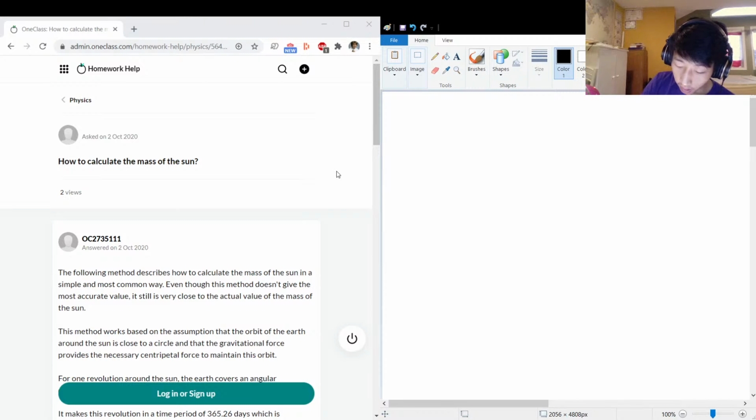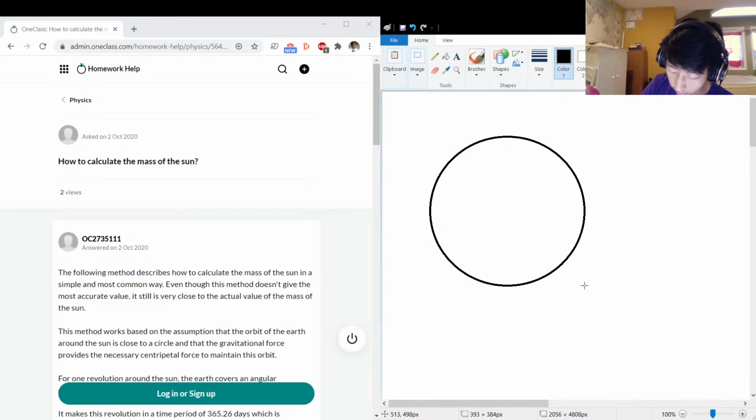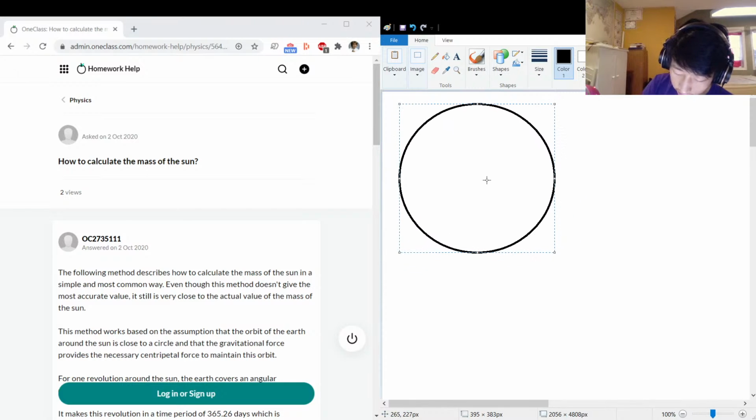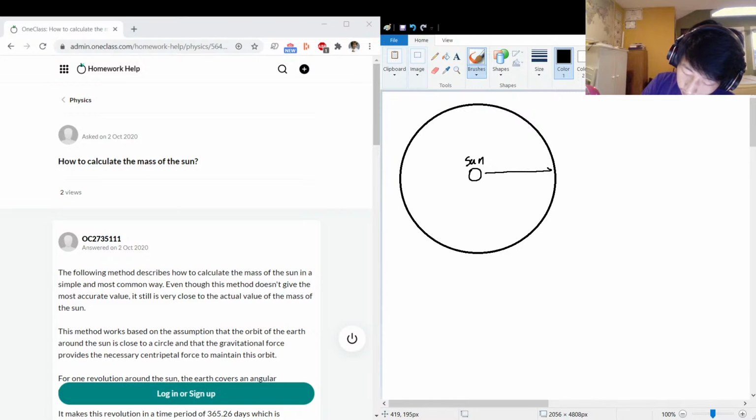Okay, so I'm gonna draw a couple circles to kind of represent what in the world we are talking about. More like what in the universe, or what in the solar system are we talking about? Okay, so in the center here, we got the sun. A whole big distance away, we got the Earth.